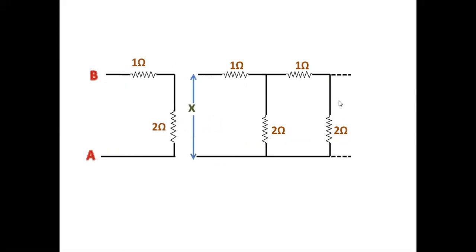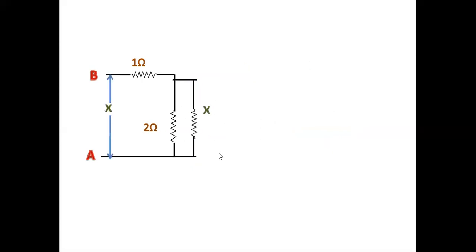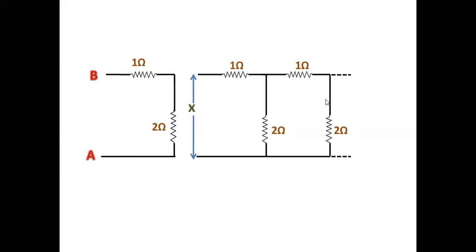Hope you are following. I will connect that X in parallel with the 2 ohm. This X is the resistance of that infinite ladder which is coming on the right side.